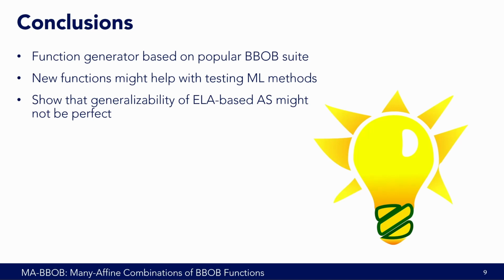And this is just a highlight of something we could potentially do with this suite. We have tried to make it as easy to access as possible, and we hope that this is something that allows us to gain some new insights into automated machine learning and how that can be used in the context of numerical optimization.